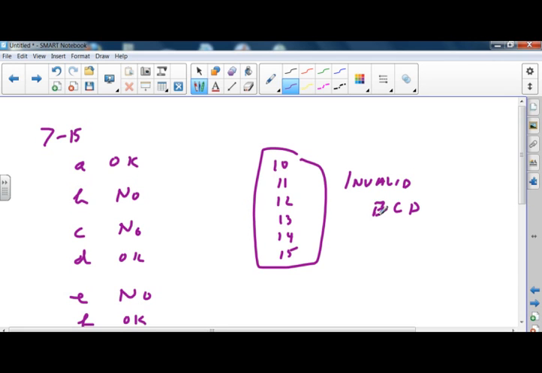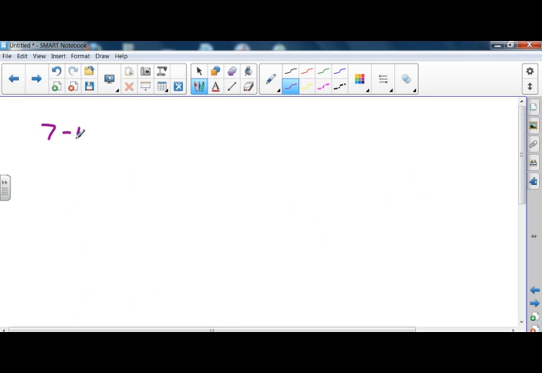16. Convert the following to binary coded decimals, add them, and then convert the result back to decimal. 116, 83. 83.